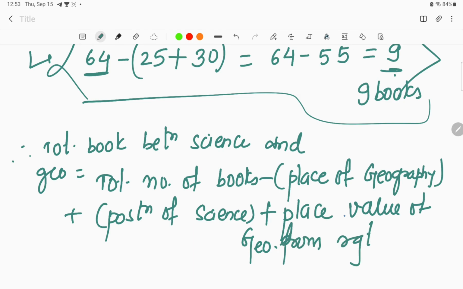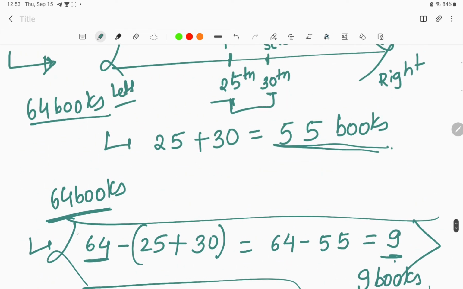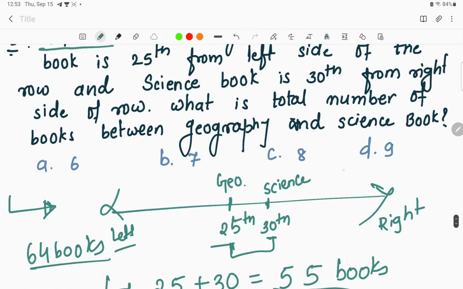When we carry this out, we will get the total number of books in between geography and science, that is a total of 9 books. That is option D, the right answer to the question.